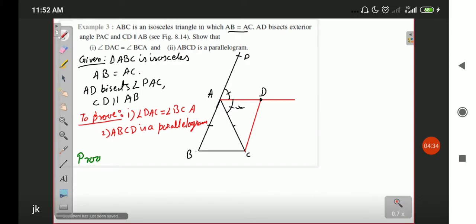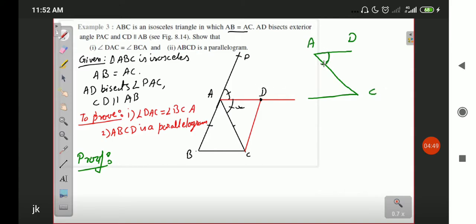First of all, let me draw another diagram so that you can easily understand. We have to prove that angle DAC, this angle, and angle BCA, this angle, are equal.